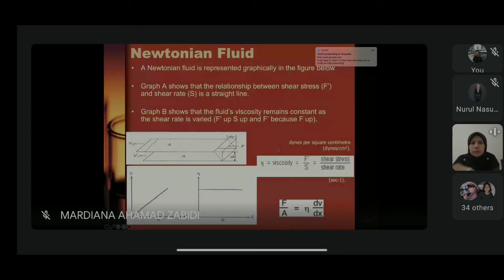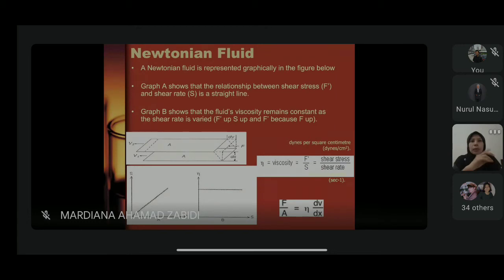For example, when you increase the speed of rotation, the speed of rotation of the fluid will follow the rotation of the spindle. That is for Newtonian fluid.